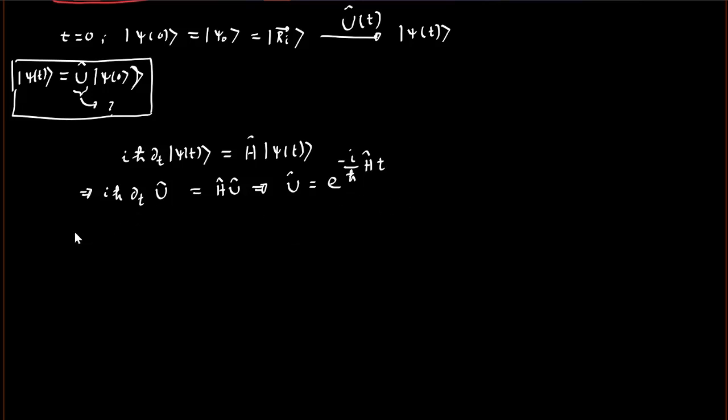So if we have an initial state psi 0, then when we operate this initial state with this evolution operator, we get a new state after time t, that is the ket vector psi, which is equal to exponential of minus i by h cross into H t acting on the initial state vector.